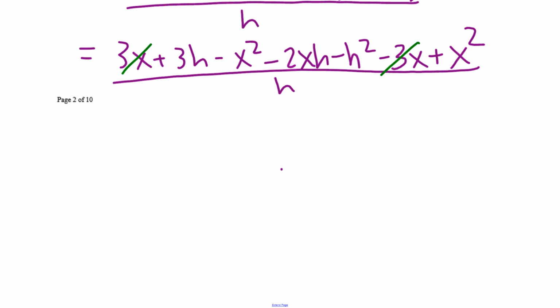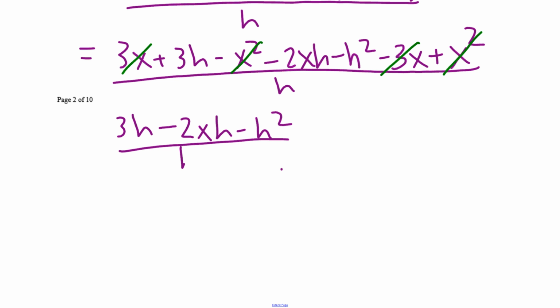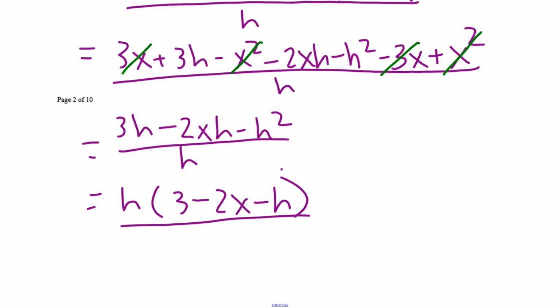So I have 3h. Oh, I forgot. Minus x squared plus x squared. Minus 2xh minus h squared all over h. Guess what? We can factor an h out of that. Gone. Okay, and now we had this function.